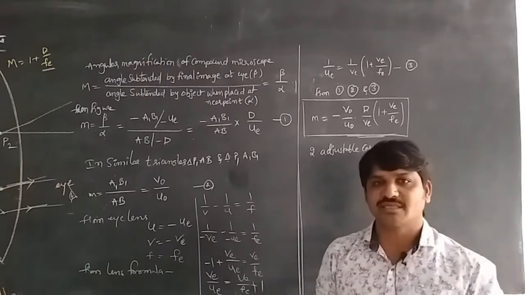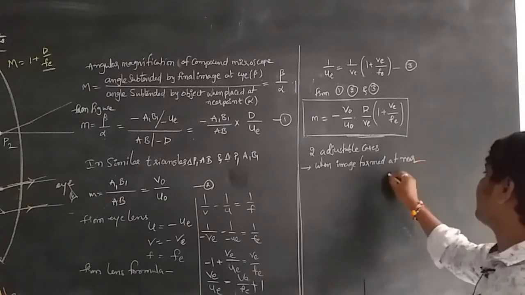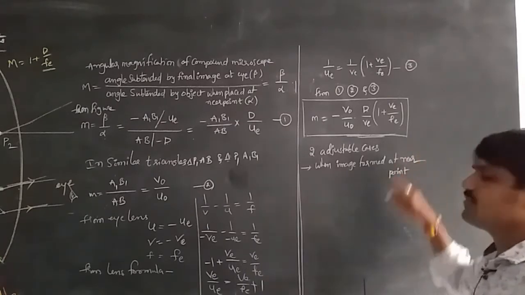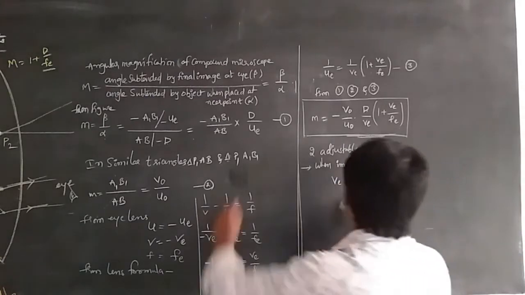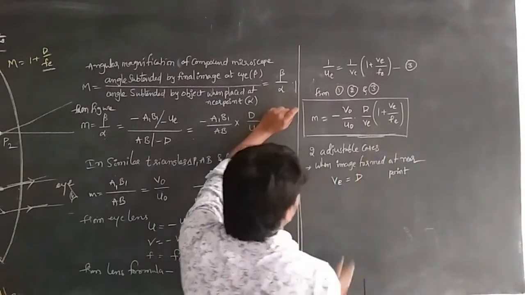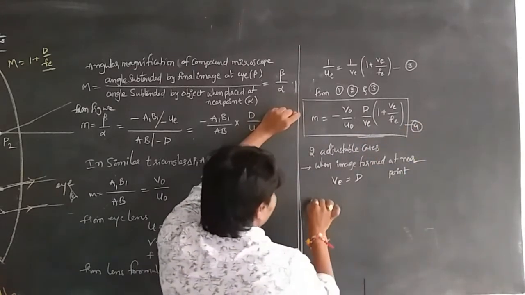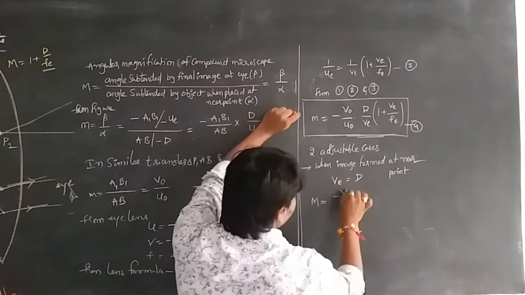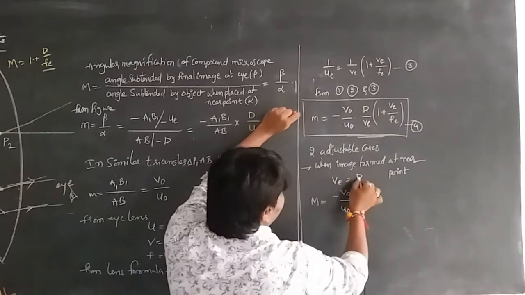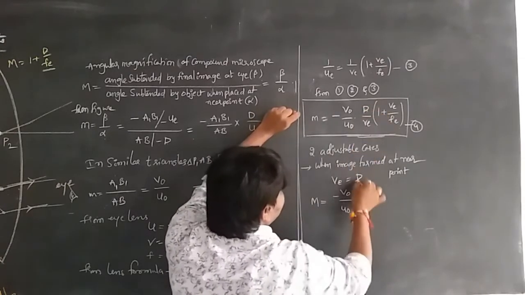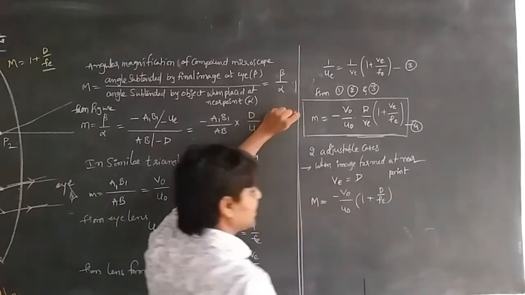So here, if the image is formed at a near point, then V is equal to D, VE is equal to D. If we substitute this in the magnifying power equation number 4, then we get m is equal to minus V naught by U naught into (1 plus D by FE).